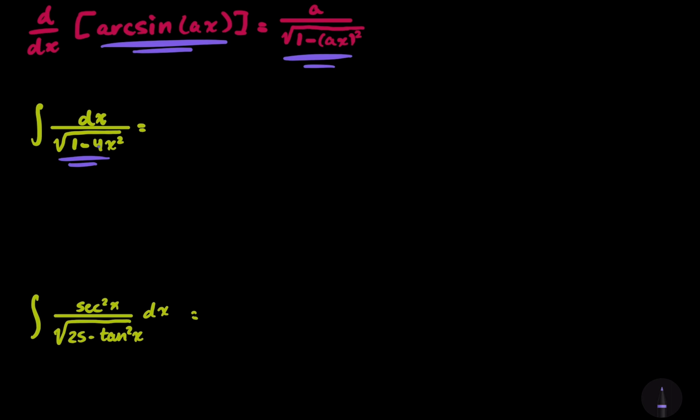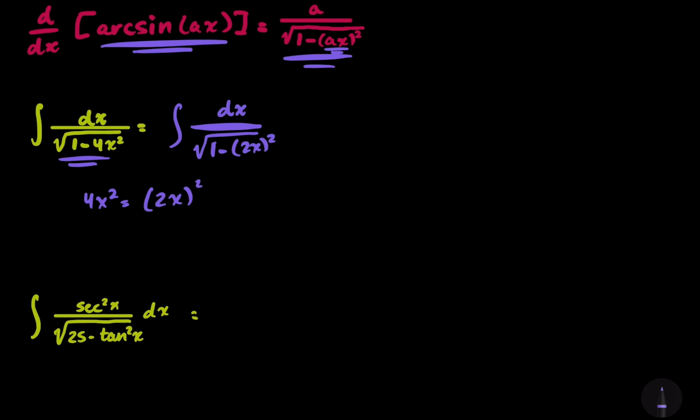So here we have 1 minus 4x squared. We can write this as, essentially, 4x squared is really just 2x quantity squared, right? That helps us get it in this form over here with the ax quantity squared. So this becomes the integral of dx over the square root of 1 minus 2x quantity squared.